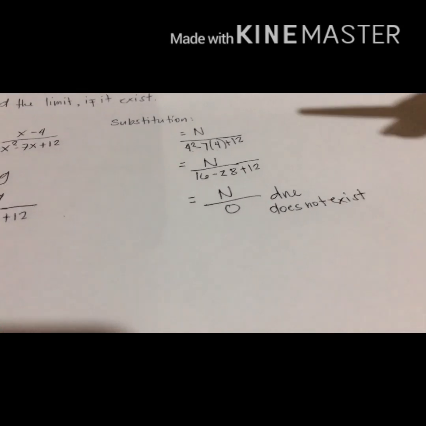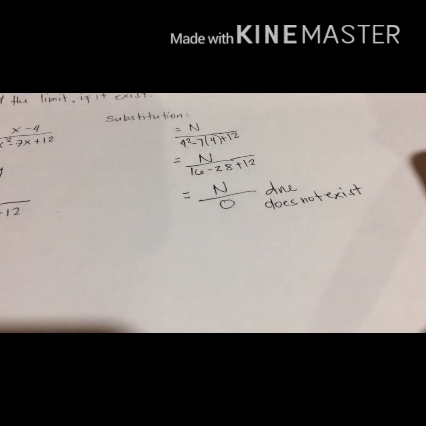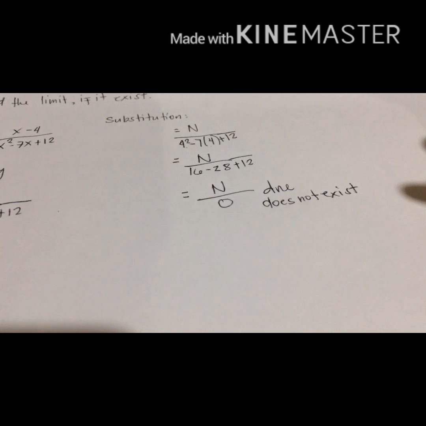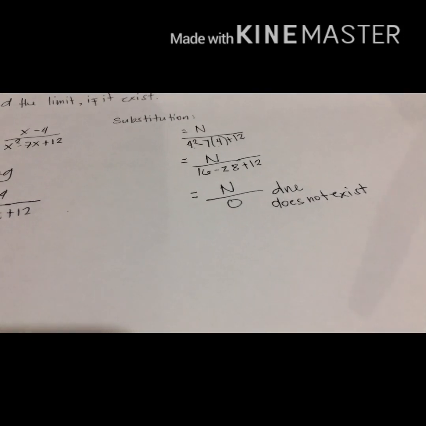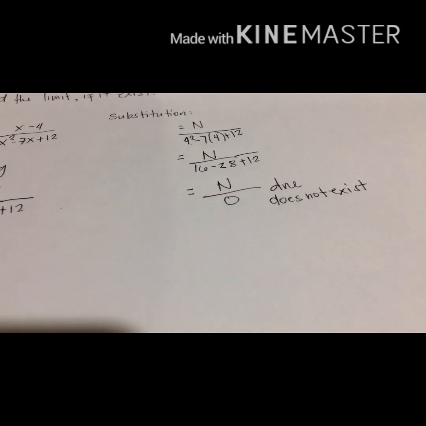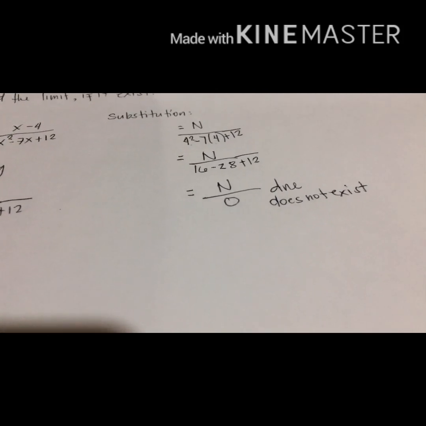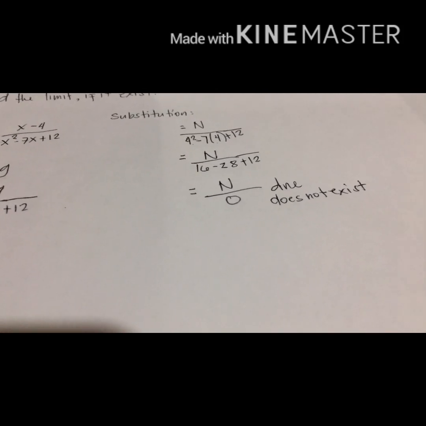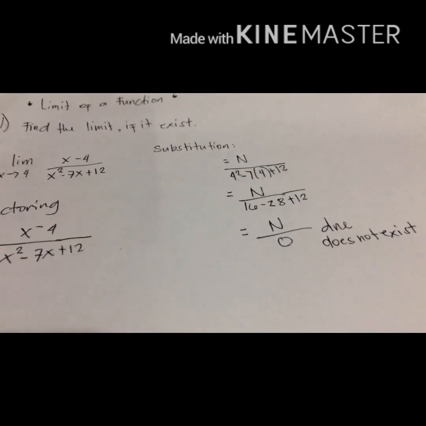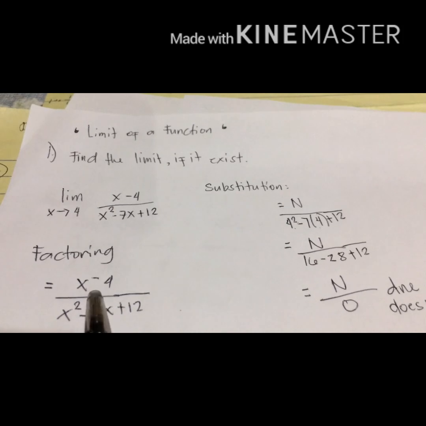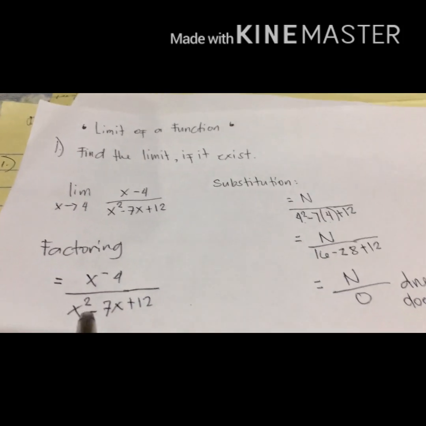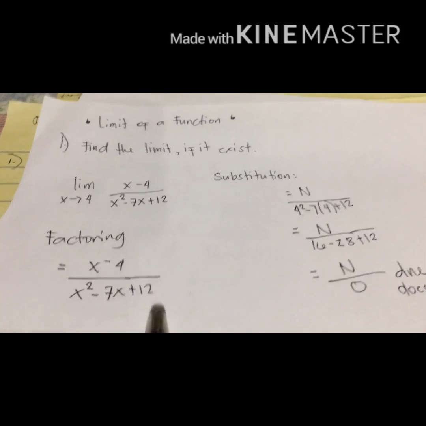If we try another technique, one of these is factoring, maybe we can find a function that will exist as it gets near to the value of x. So by using factoring, x minus 4 over x squared minus 7x plus 12.